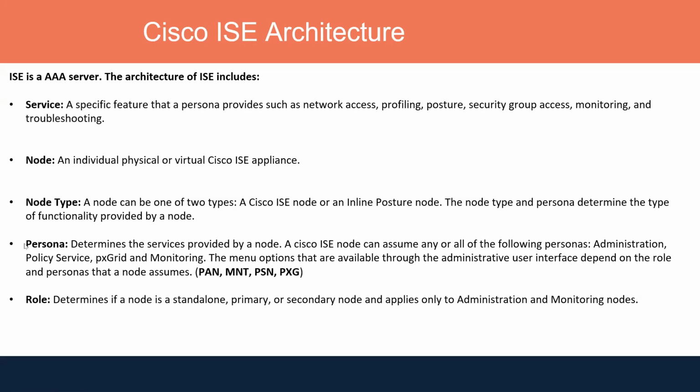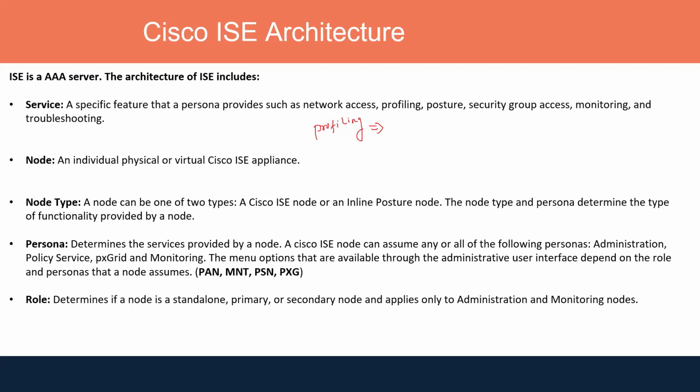I would talk about some of the services. Let's take the example of profiling. What is profiling? What is this profiling service doing? The profiling service is going to gather information about the asset, and this information can be used for asset visibility.